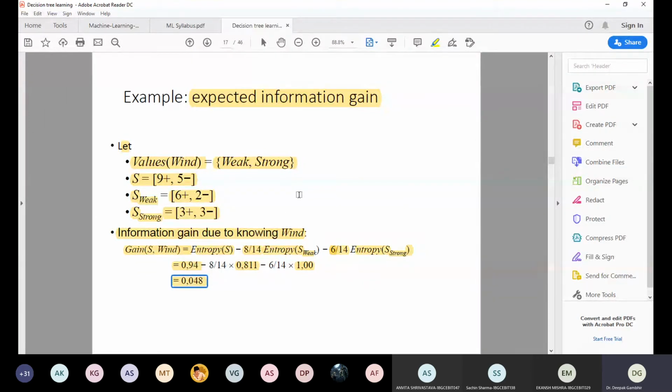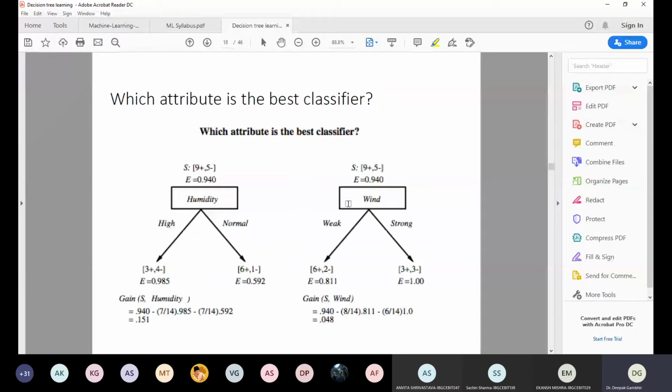In the complete data set, we will search and find the maximum information gain, so that we can make our decision tree. Now, for example, we will consider again the case of E1, E2 that we considered previously. If we have a set with 9 positive cases and 5 negative cases, the entropy comes out to 0.94.